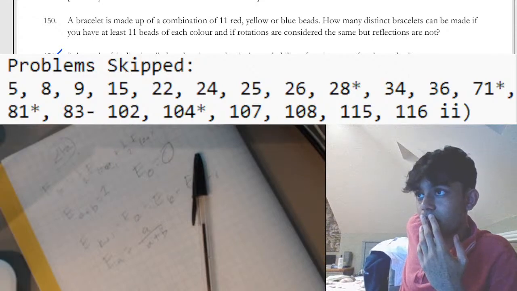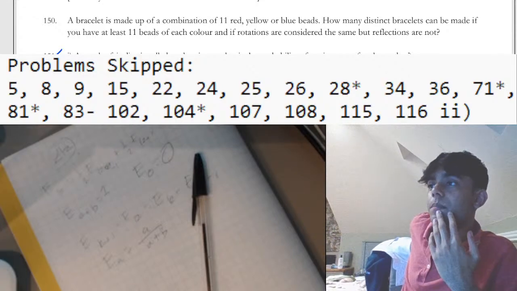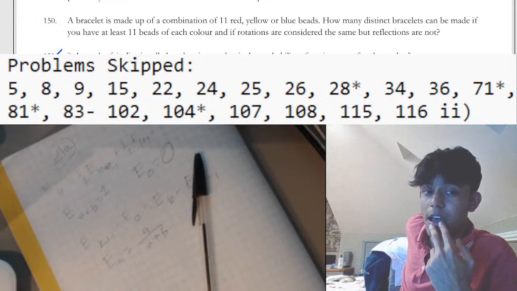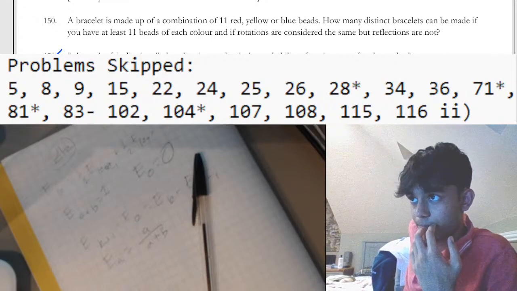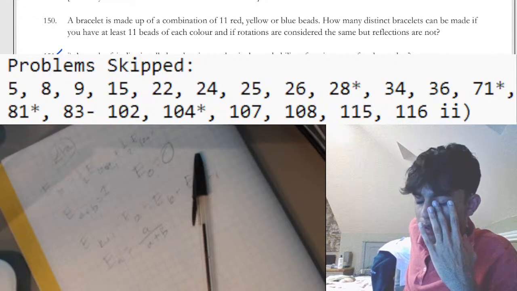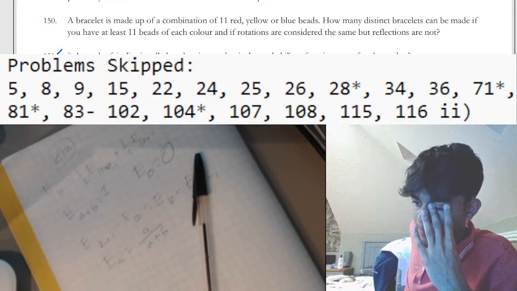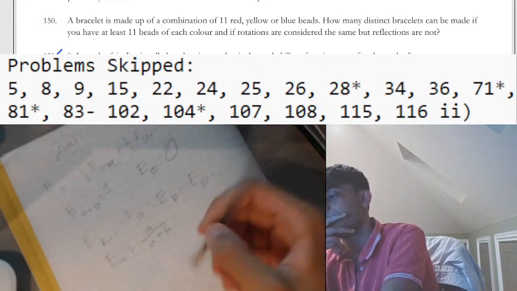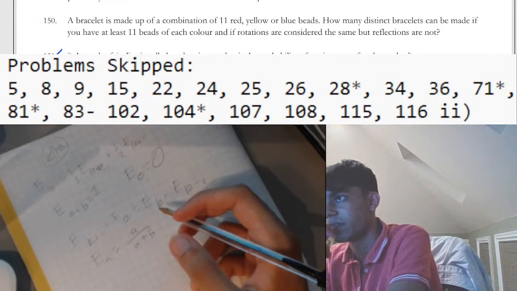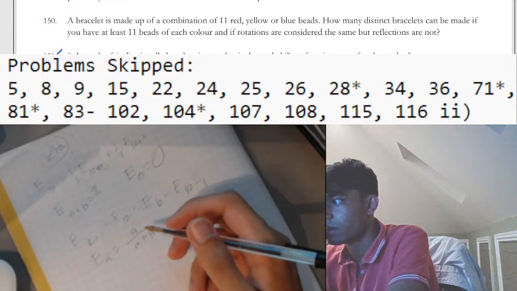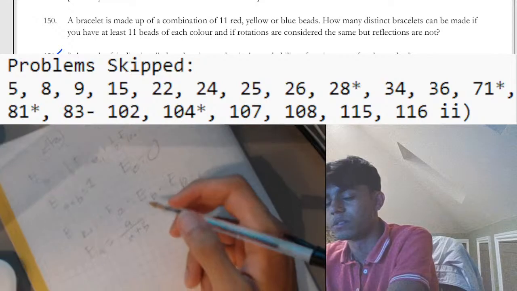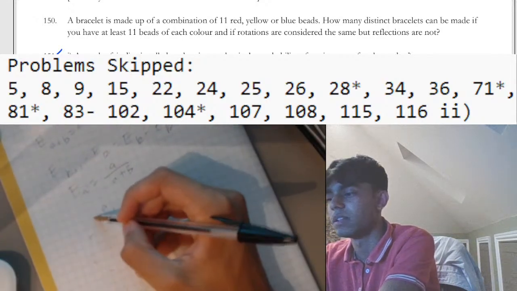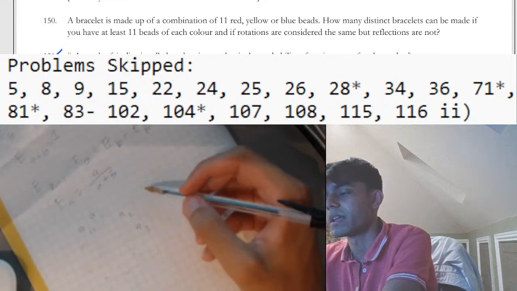150. Okay, so we figured out it's 11 beads in total, and you can have the colors be anything. And rotations are the same, but reflections are not. So rotations are considered the same. Can you rotate it and get the same thing? Well, let's say you have 11 beads, and then you rotate it by k.